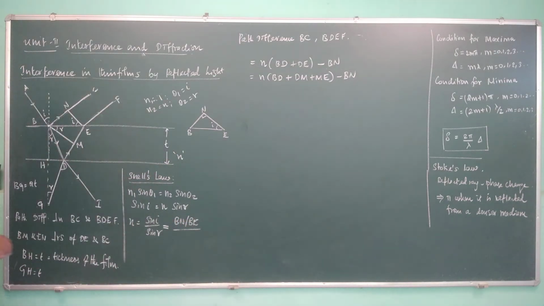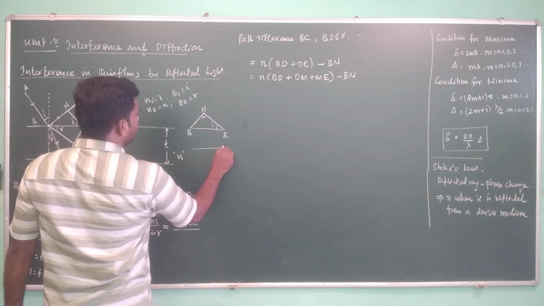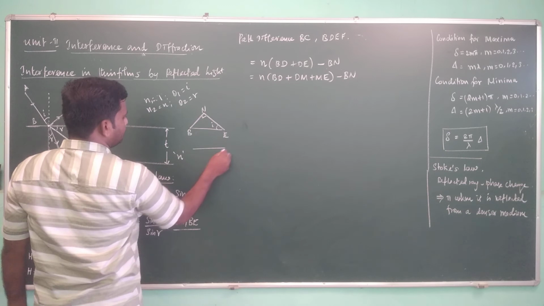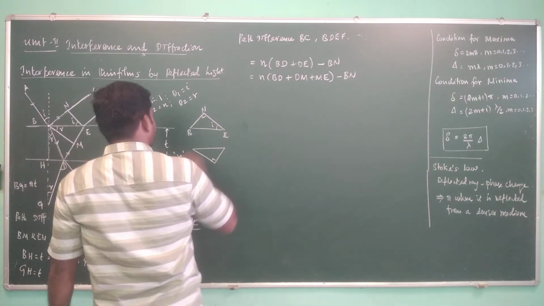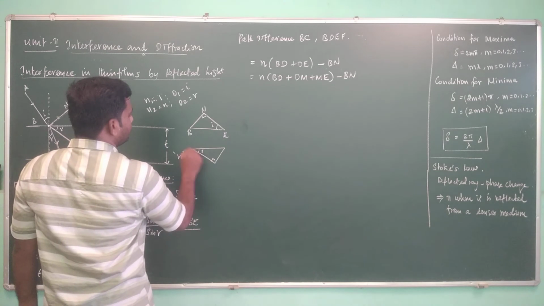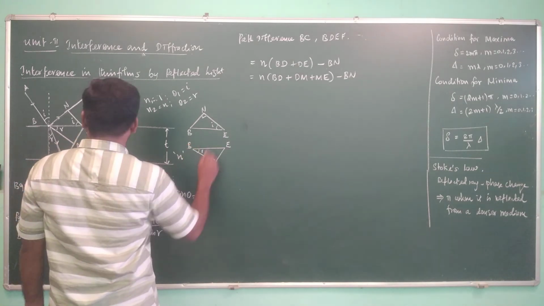Sin r we can write using the triangle BEM, where r is here.